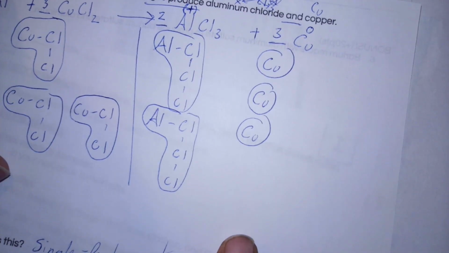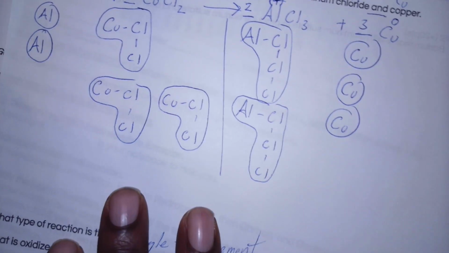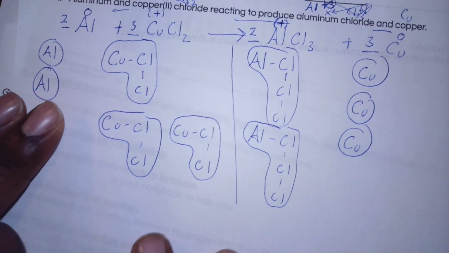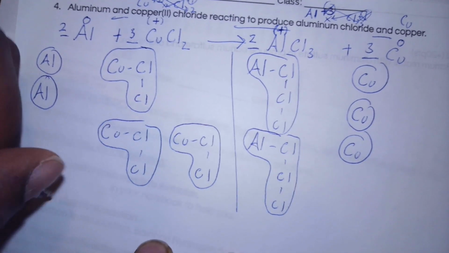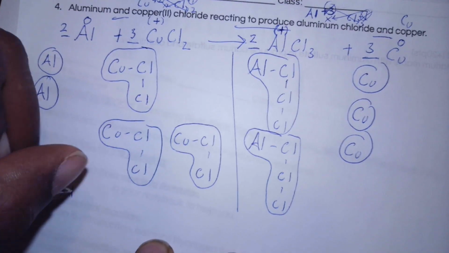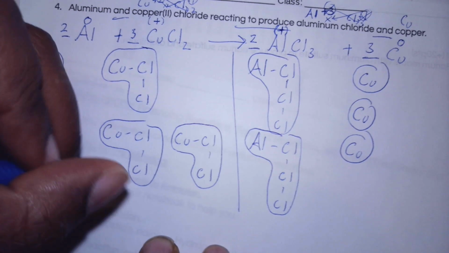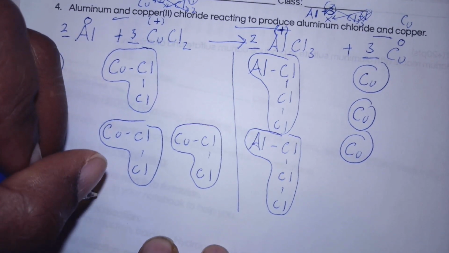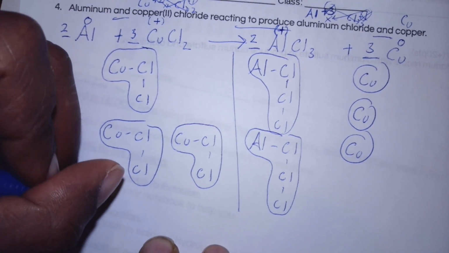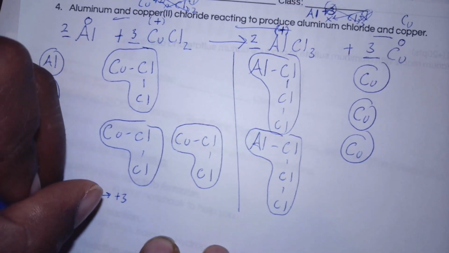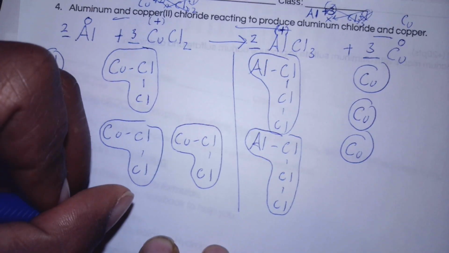Okay, I'll just put it right here so everything's on the screen. We have aluminum, you have copper. So aluminum goes from 0 to +3, and copper goes from +2 to 0.